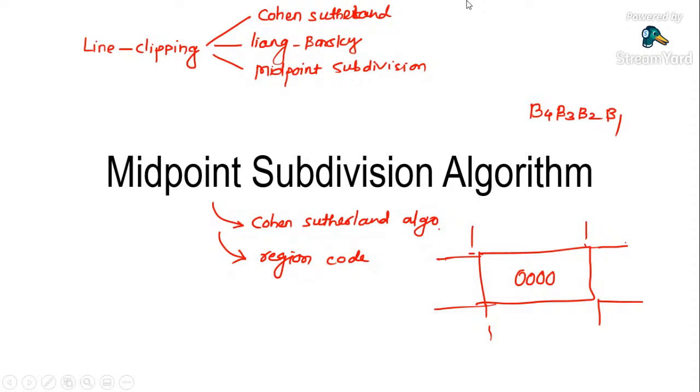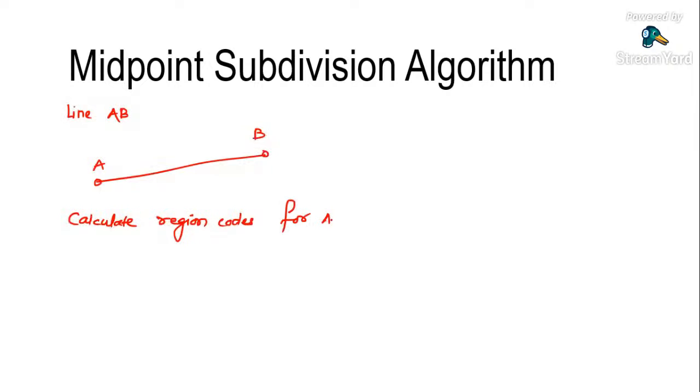Now, how does this midpoint subdivision algorithm work? First of all, suppose a line AB is given, with endpoints A and B. You have to calculate the region code for A and the region code for B. You will get some 4-bit codes.